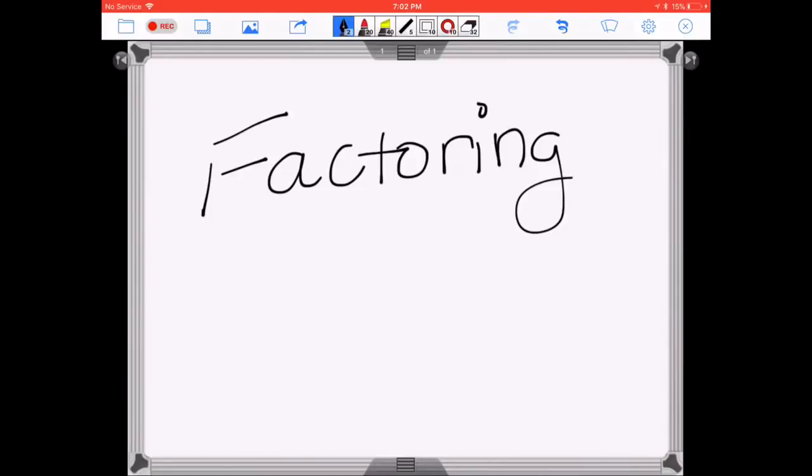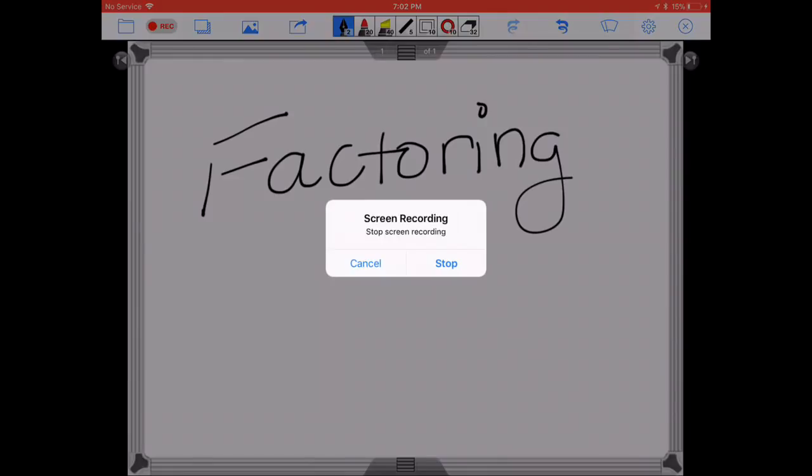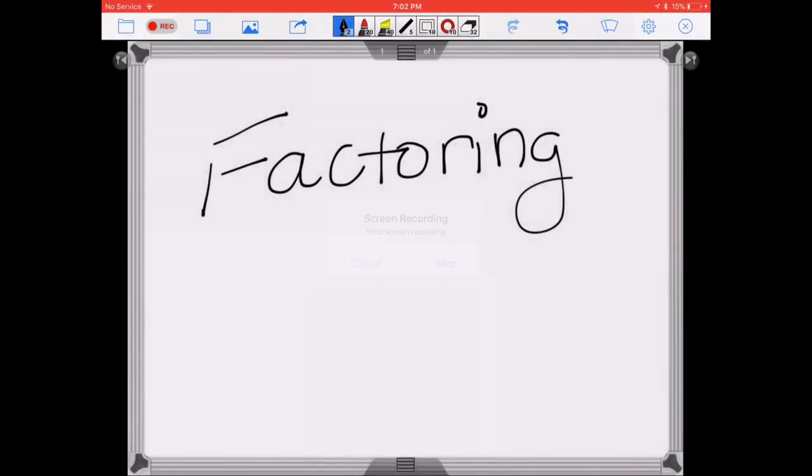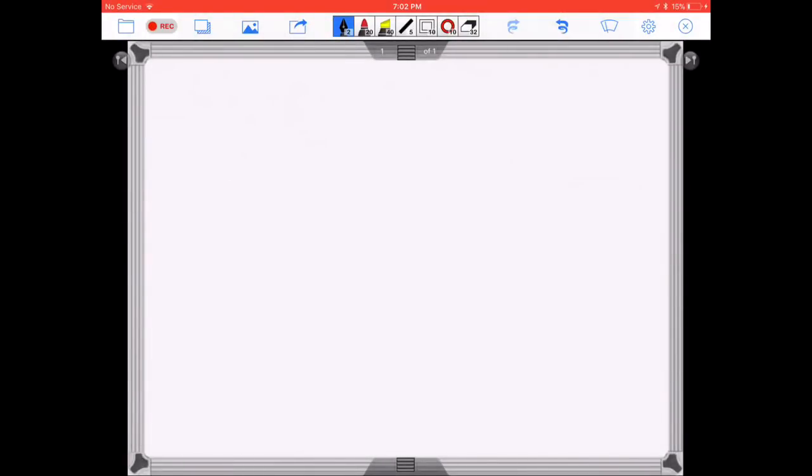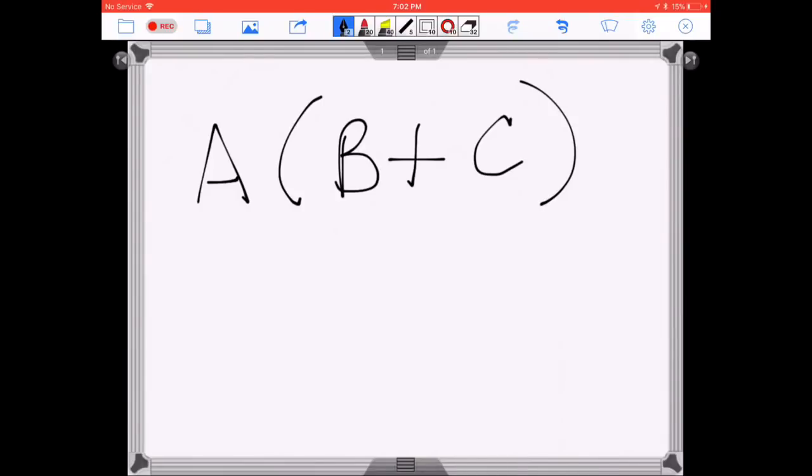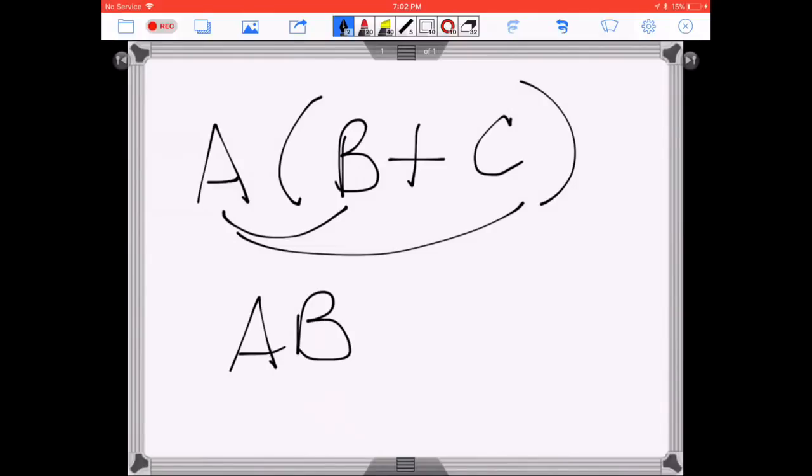So you think about using the distributive property. Let's start a new page here and wipe this page clean. We think maybe about A times B plus C. When we use the distributive property, we would distribute and multiply that A to B and C, and we'd end up getting, of course, AB plus AC.